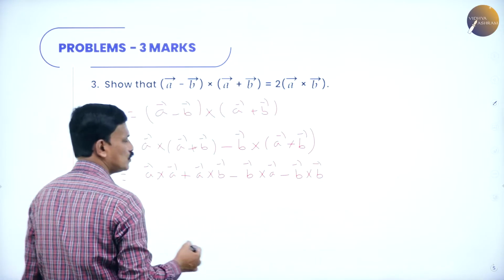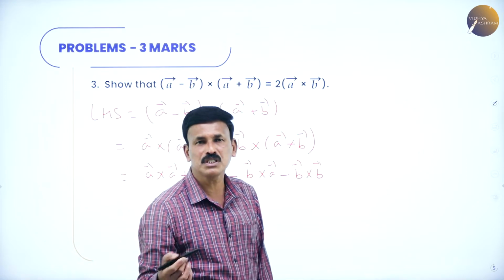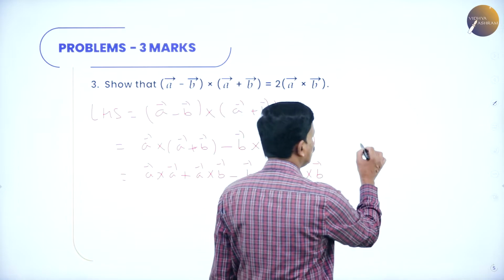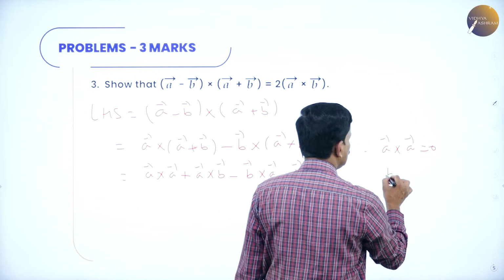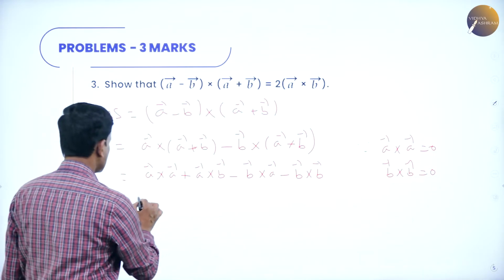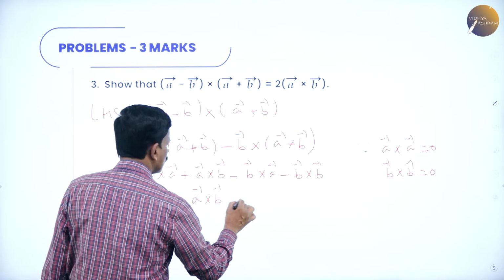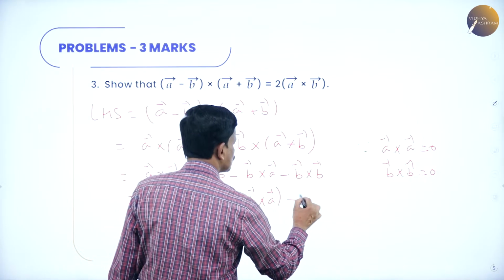Now since you know the cross product is nothing but the determinant of i j k, according to the property, if two rows or two columns are the same, the value of a determinant is equal to 0. So therefore, A cross A is equal to 0. Similarly, B cross B is also equal to 0. So this can be written as 0 plus A cross B minus B cross A, minus 0.